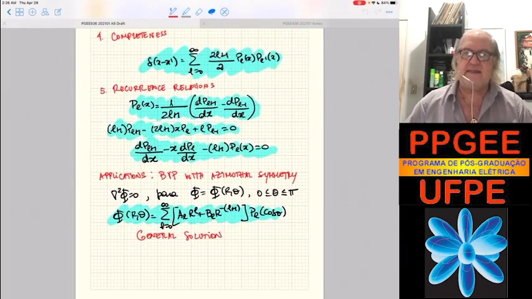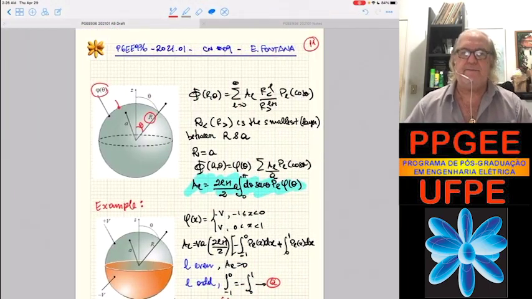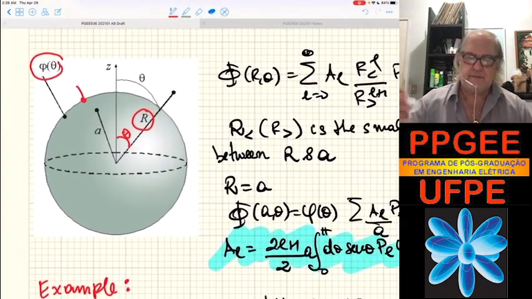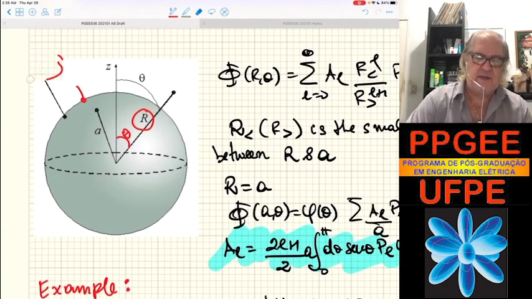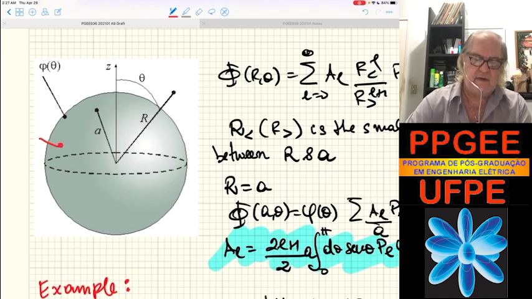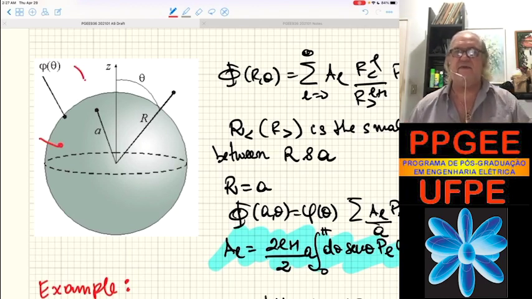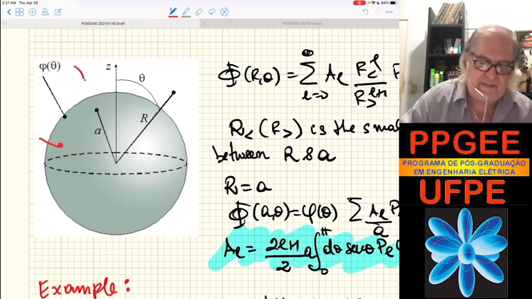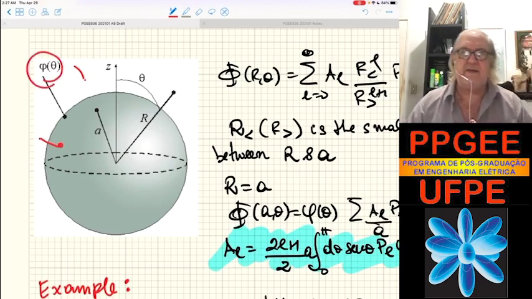So let's look at this type of problem governed by this equation here. I want to determine the potential either inside or outside of the spherical region, given the potential at the boundary, right?